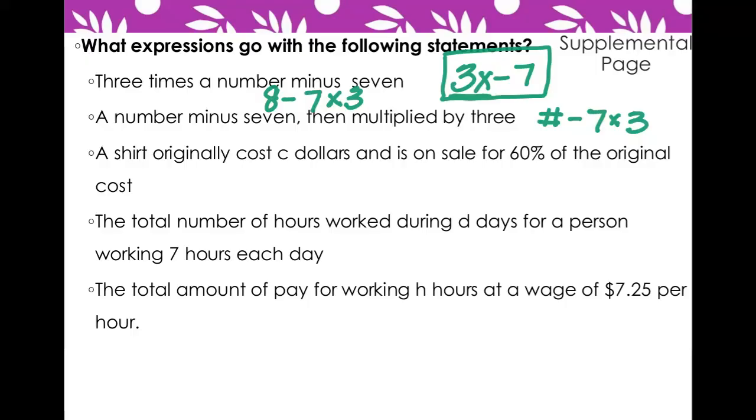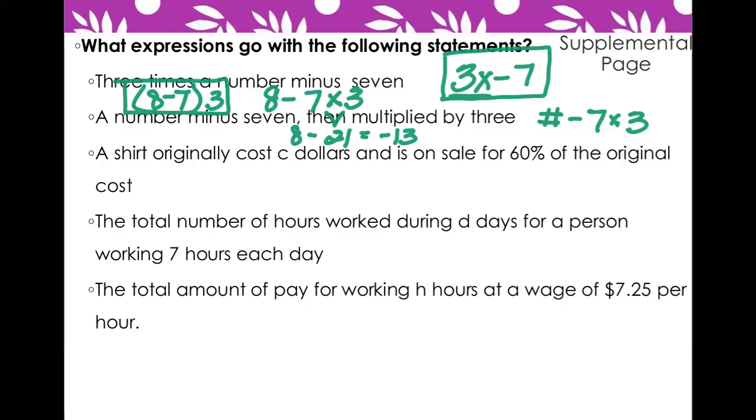If we follow order of operations, we would take 7 times 3 is 21, 8 minus 21, that'd be negative 13. Or are we supposed to do 8 minus 7, there's a comma in there, then multiplied by 3? So I think it's supposed to be this one, right?